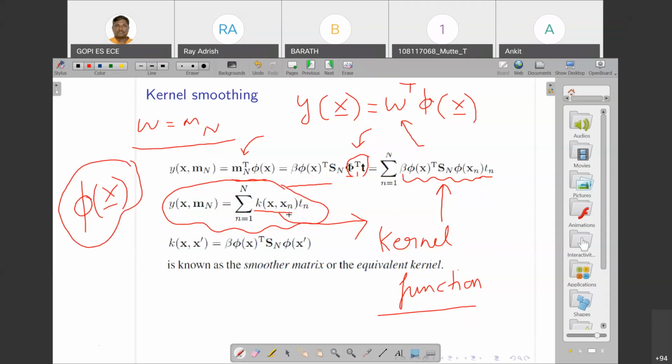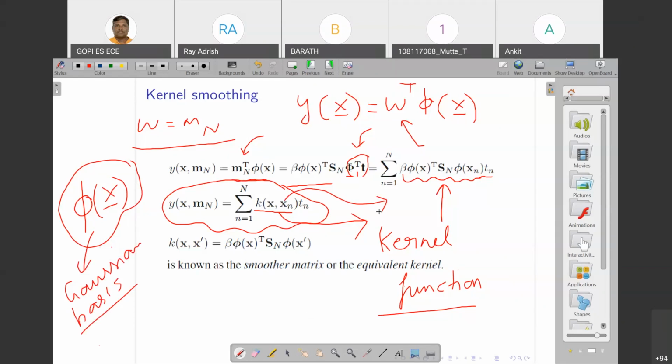There are many kernel functions actually available for doing this linear regression model. The Gaussian kernel function can also be used. Gaussian basis function is different. Phi of x can be modeled as a Gaussian basis. That is different. What I'm telling here is the kernel function can also be modeled as Gaussian.